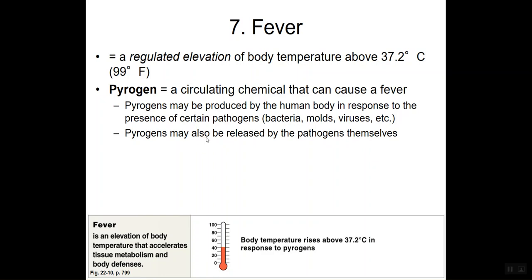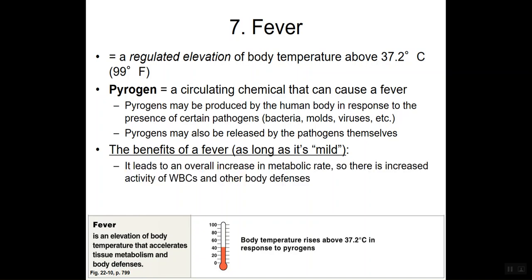Regardless, pyrogens cause you to have this on-purpose raised temperature that, as long as it doesn't get too out of control, because if you get too hot your whole body can start shutting down, is helpful. A mild fever will boost your metabolic rate, which means that your white blood cells and other defenses are going to be able to act more quickly and be more efficient in fighting off the infection.